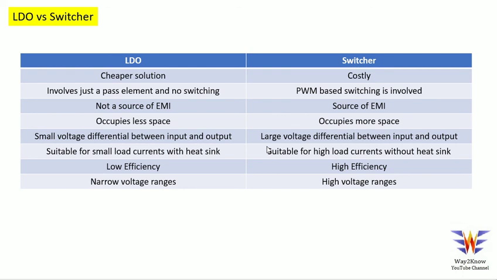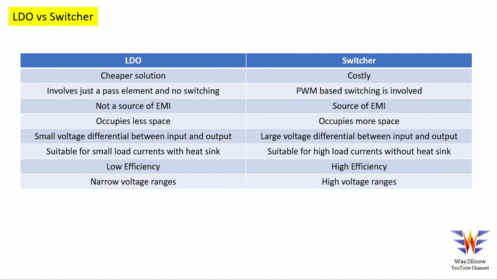Another point is that an LDO involves a pass element and there isn't any switching involved, whereas in a switching regulator there is PWM-based switching that happens on the output node. Because there is switching involved, it happens at a specific PWM frequency and a specific duty cycle.